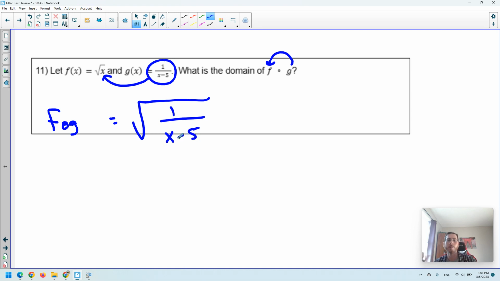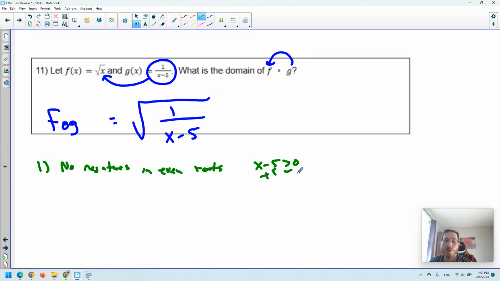Now I have to remember all of my rules. So there's only 2 domain rules. The 2 domain rules I need to pay attention to are no negatives in even roots. So I have to make sure this is not negative. If I don't want that to be negative, that means the top's already positive. So I need X minus 5 to be greater than or equal to 0, because I don't want it to be negative.